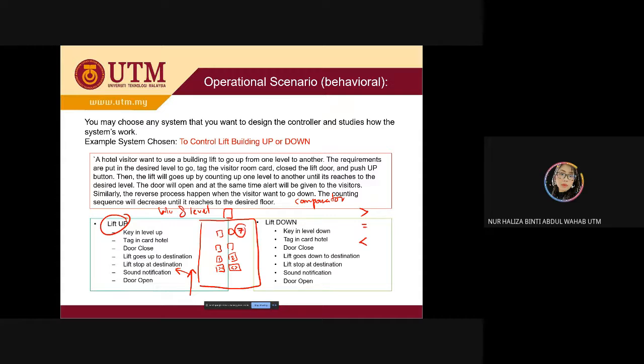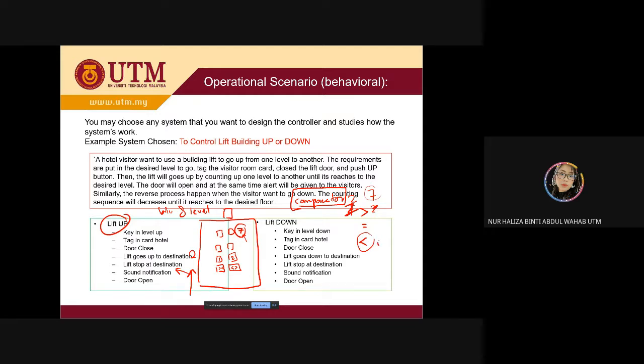So what will your comparator be doing? It's going to compare. You want to go to 7, now your level is level 2. You're going to compare 7 and 2. Is it more or less than 7? Of course, it's going to be less.